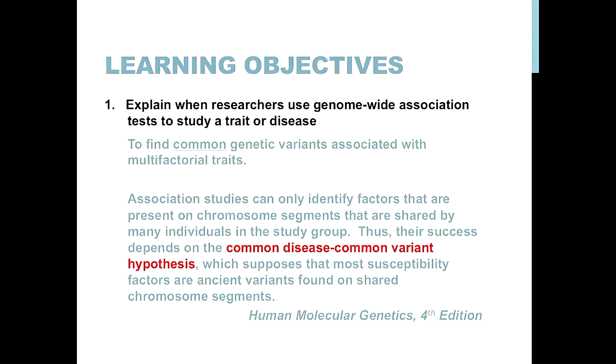So my hope is that you will leave here today knowing that a rare variant is just not something that we can test with genome-wide association studies. It's set up on the assumption that common diseases have a genetic component that results from these common variants.